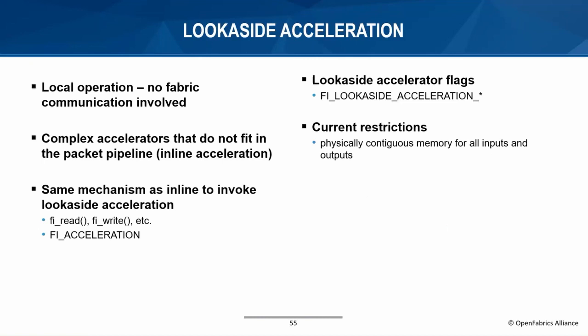This one is on the LOOKASIDE acceleration, and as I alluded to earlier, it's independently invoked. The standard FI write and FI read contain all the necessary information for invoking this accelerator, along with the necessary remote destination parameters. Our current hardware implementation doesn't fully support this model, so a little additional work is needed at the software level.